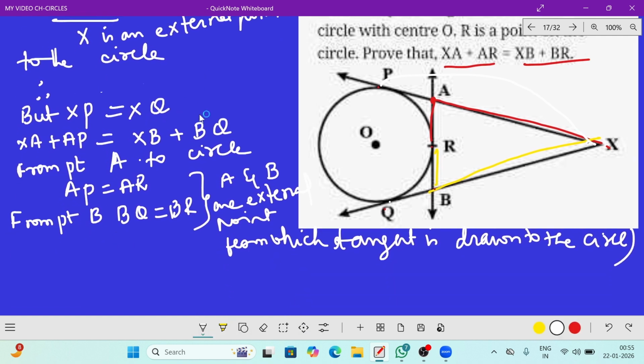Let us name this equation 1. Therefore, in place of AP, I put AR.